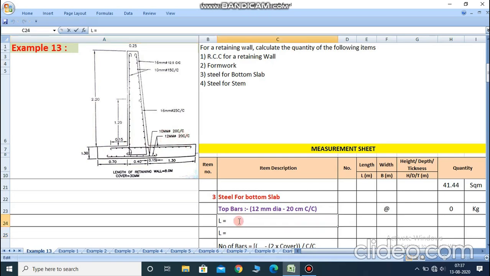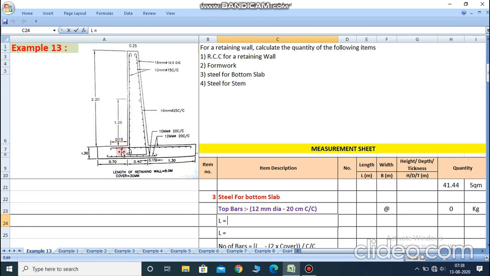So the total length of the bar we calculated is the summation of 1.3 plus 0.4 plus 0.15.